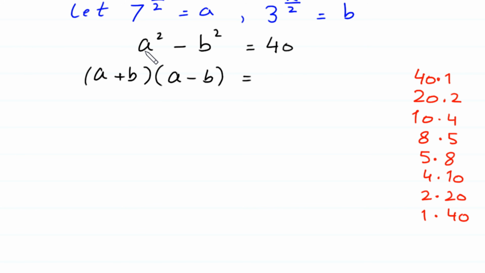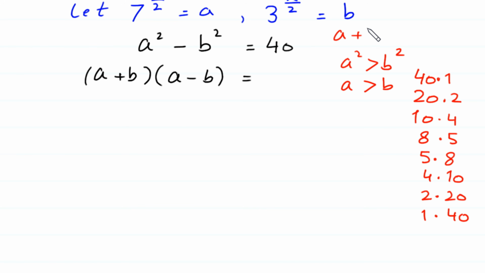And from here a square minus b square is equal to a positive number. It means this number a square is greater than this number b square. A square is greater than b square and a is greater than b, then this number a plus b will be greater than this number a minus b.